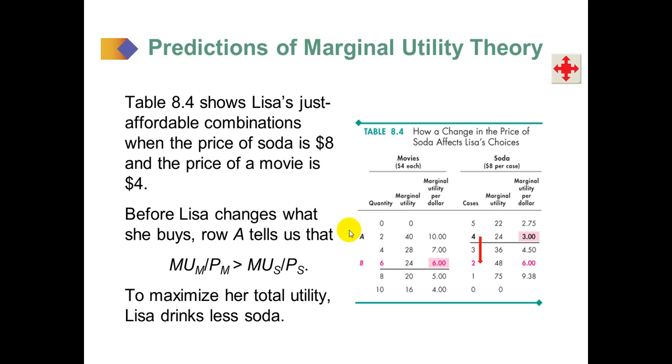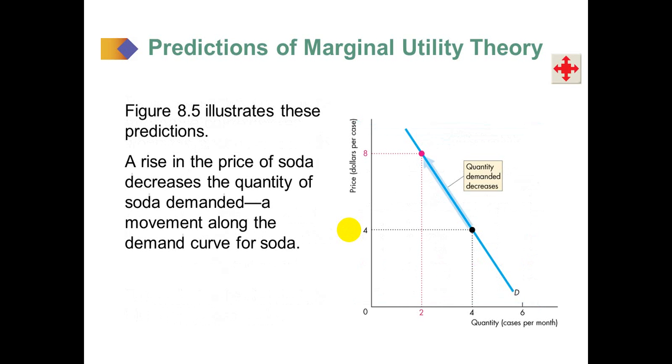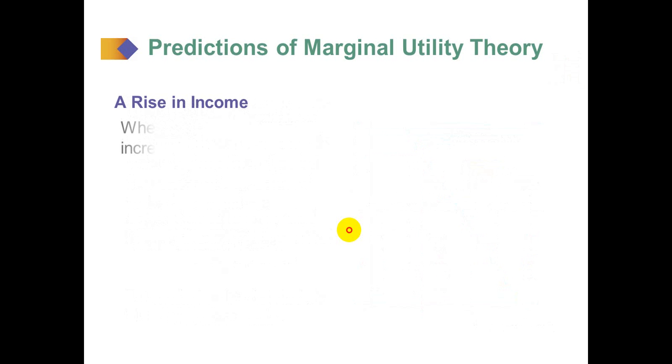So to maximize her total utility, Lisa drinks less soda and sees more movies. Figure 8.5 illustrates these predictions. A rise in the price of soda decreases the quantity of soda demanded, a movement along the demand curve for soda because of a change in its price.